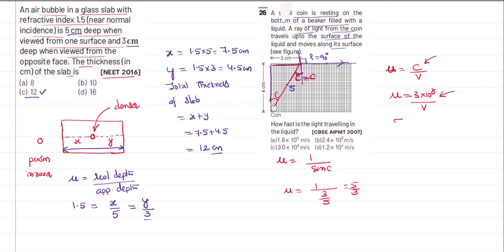We know that mu equals 5 by 3 equals 3 into 10 power 8 by V. That implies V equals 9 by 5 into 10 power 8 meters per second. 5 ones are 5 and then 4 is remaining, 40, that means 5 eights are 40. So 1.8 into 10 power 8 meters per second is the answer for that problem.